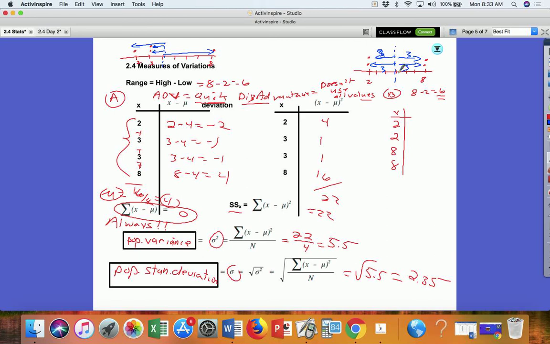Guess. Jackson, you're a good guesser. What do you think the typical distance from the mean each of these values are? 3. Okay, so that's what standard deviation is. It's a typical distance from the mean of the distribution that each value is. Okay, and again here it would be 3.